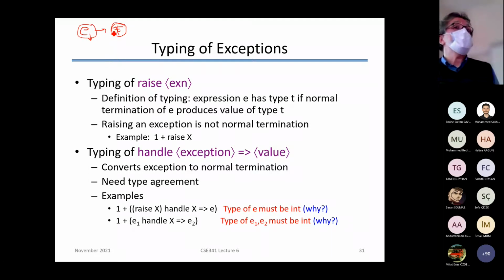So one way would be that this gives me a type and something else, so this could either return a type or return an exception. In this case, the typing of this thing, is it defined, or do we have to make a decision here?